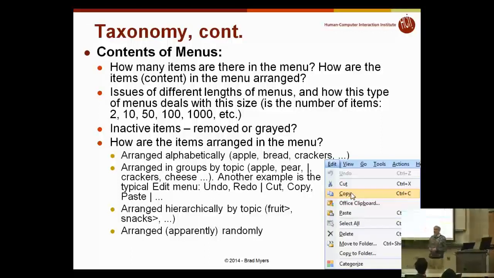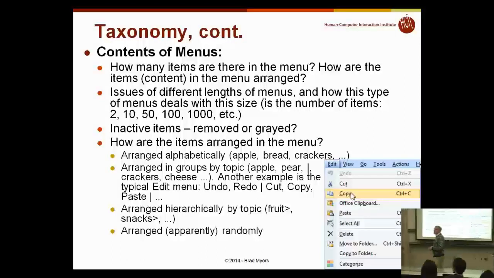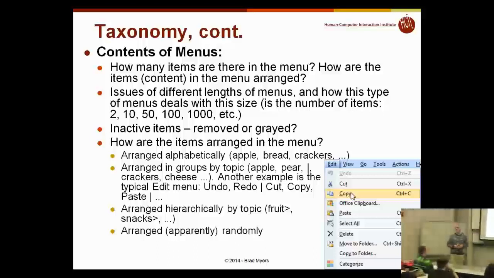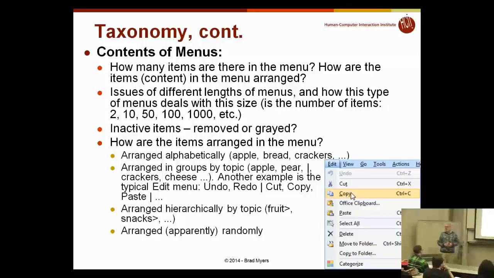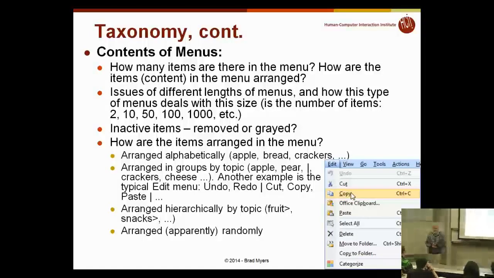Advantage of removing items that you can't select. Yeah? Users don't get frustrated and they can't get confused if it's available. Because, you know, if undo is disabled and they're still clicking it and clicking and nothing's happening, they get frustrated. If it's just not there, it's not an option they have to consider. Yeah, in theory, it would be less confusing to not have things there that you can't click on.